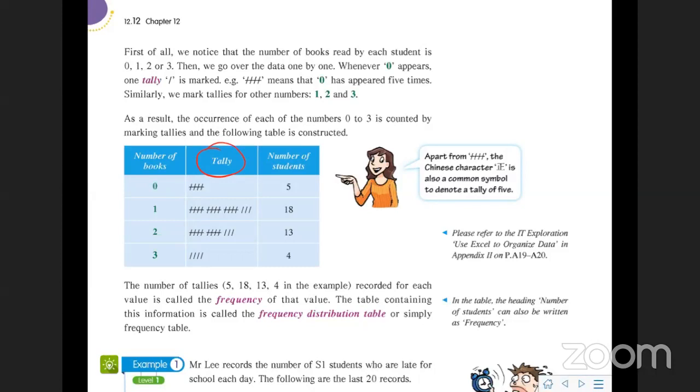Now, in this case, it means when you do the counting, instead of tick tick tick like that, I'm switching the screen.